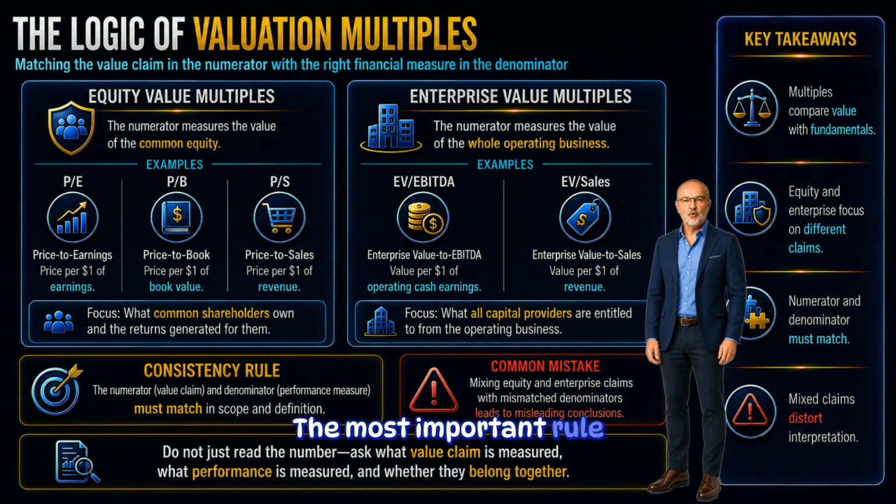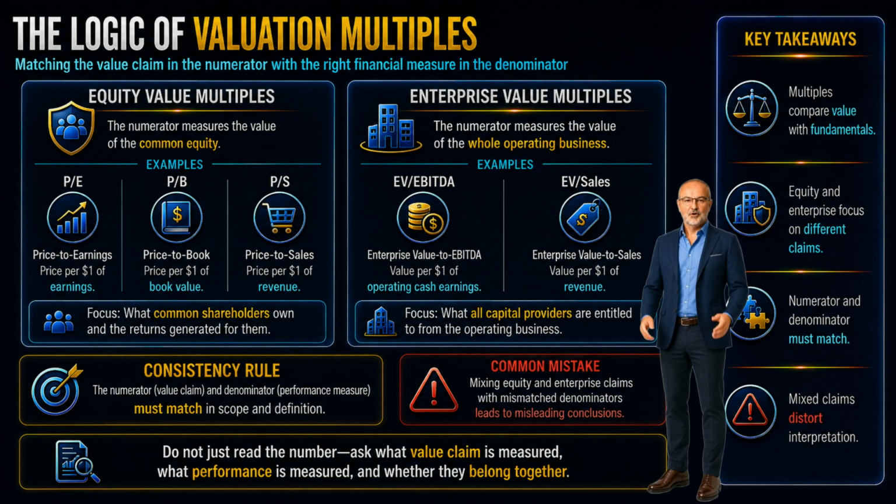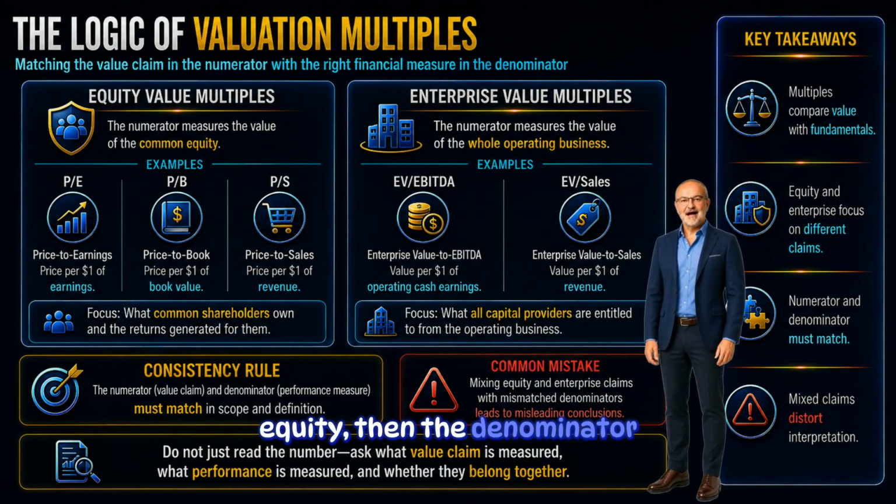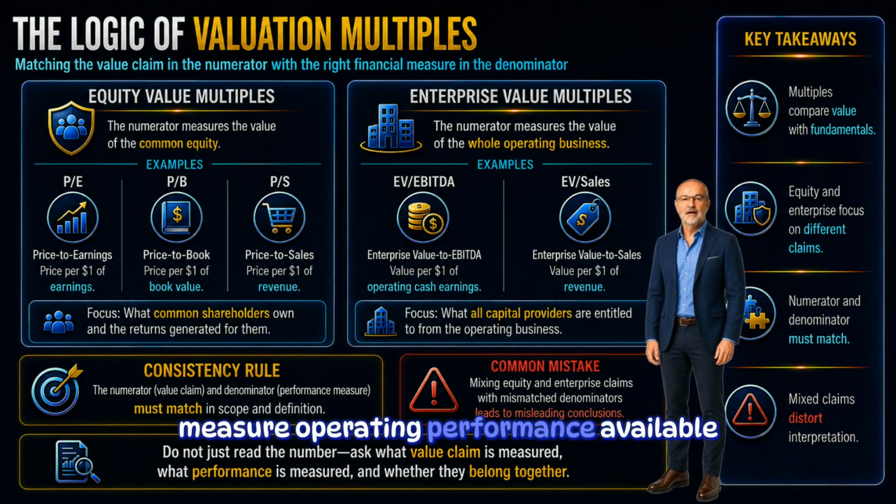The most important rule is consistency. The numerator and denominator should match. If the numerator measures the value of common equity, then the denominator should normally measure something available to common shareholders. If the numerator measures the value of the whole operating business, then the denominator should normally measure operating performance available to all capital providers.